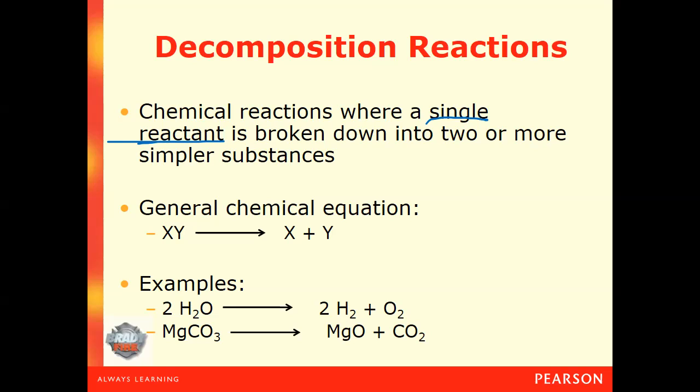Those products can be elements, as in the case of this first one, where we have water breaking down into hydrogen and oxygen, or they can be compounds, like the case here, where the magnesium carbonate breaks down into magnesium oxide and carbon dioxide. Both are extremely possible.